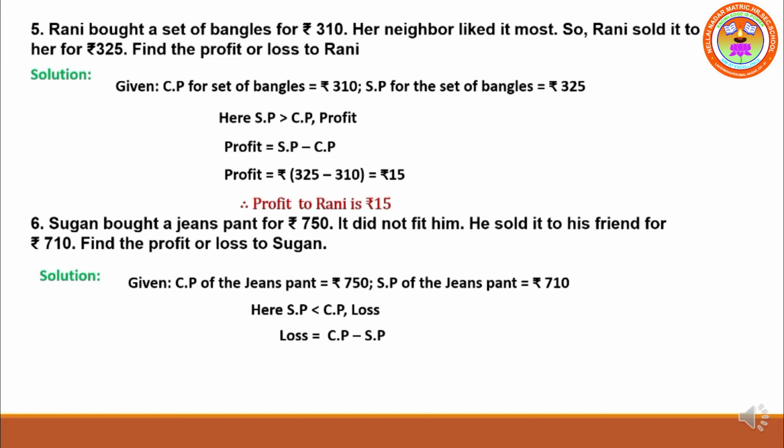CP is equal to what? 750. And what is SP? 710. So on subtracting 750 minus 710, I will get the value as 40 rupees, which is the loss. So how will I write the answer? Therefore, loss to Sugan is rupees 40.